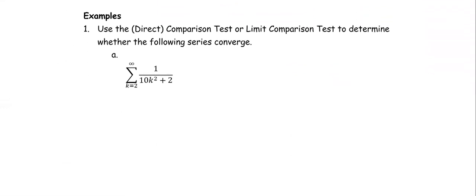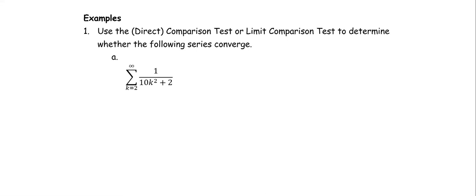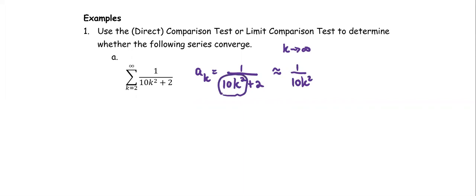Example: use the direct or the limit comparison test to determine whether the following series converge. In part A, we have a_k as 1 over 10k squared plus 2. Consider the term as k approaches infinity. a_k approaches 1 over 10k squared, as 10k squared is the leading term of the denominator.